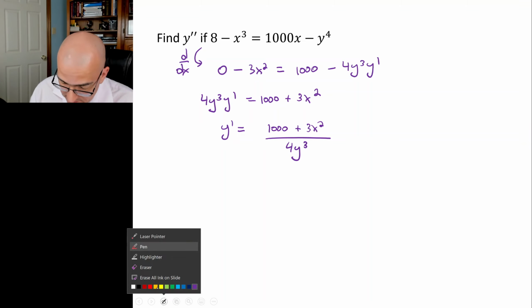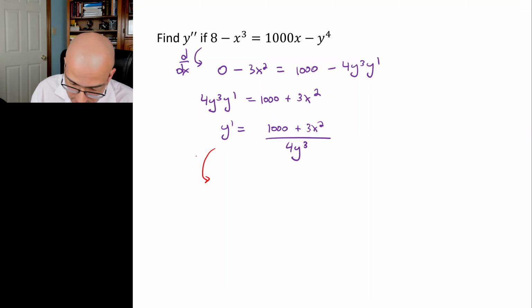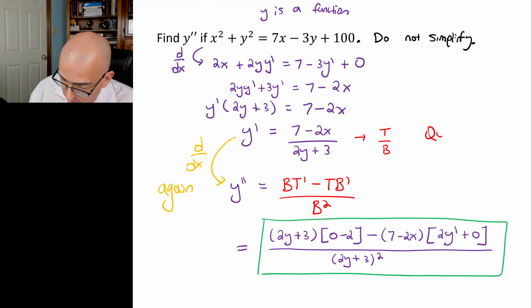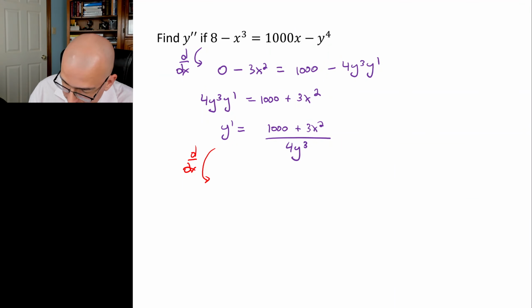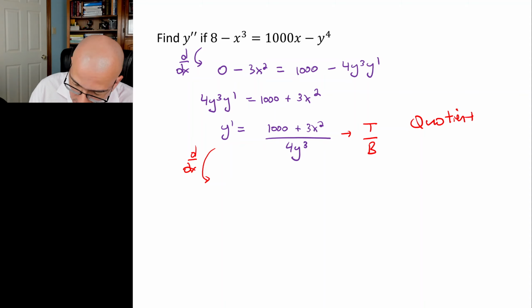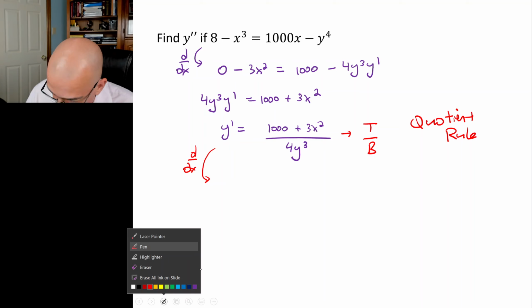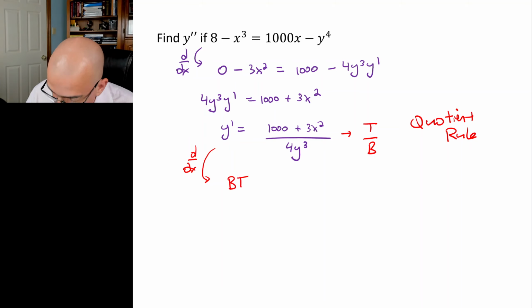And now we have to take the derivative again with a quotient rule. Top function over bottom function, quotient rule. So we'll have b t prime minus t b prime all over b squared.